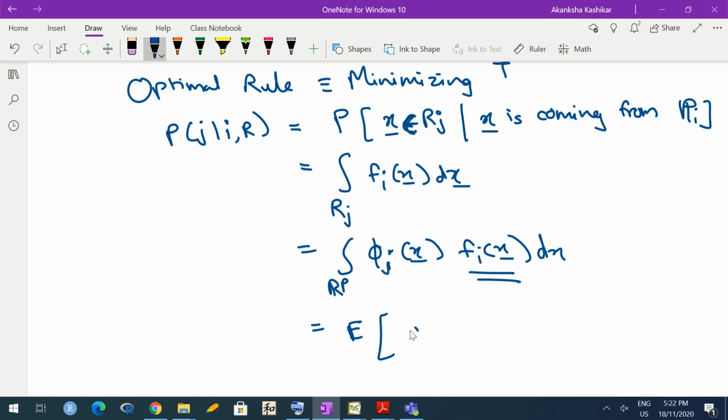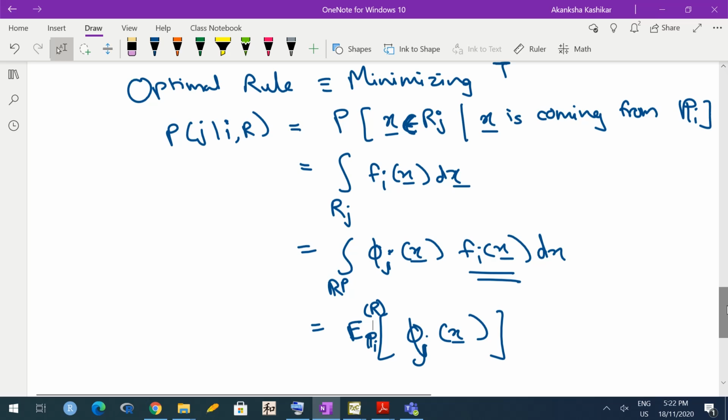So this becomes the expectation of phi j(X), where the expectation is taken with respect to the ith population, Pi, and the rule R, so R is written here. So this conditional probability is actually the expectation of phi j(X) with respect to the ith population on the basis of rule R. Everyone with me so far?